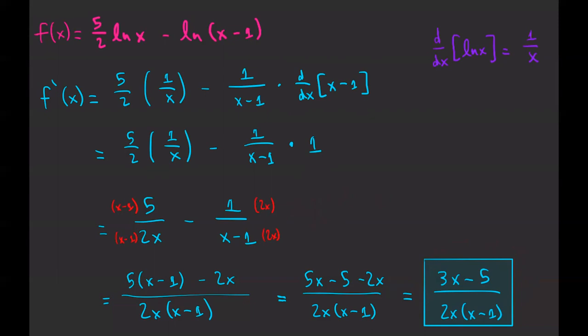So this example was doing logarithmic derivatives, using log rules to simplify your logarithm before taking your derivative. So just as a recap, let's go ahead and put these all back in perspective.